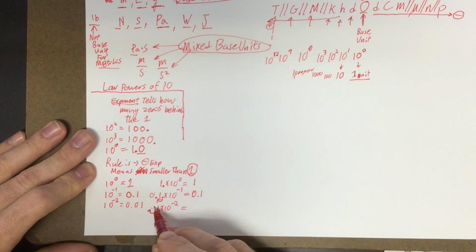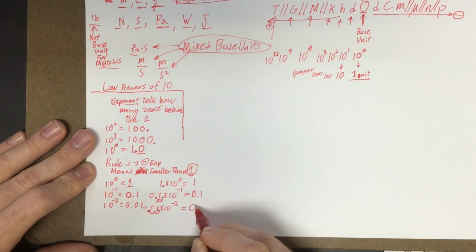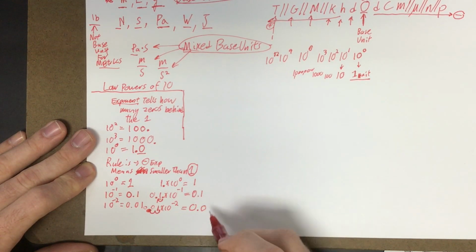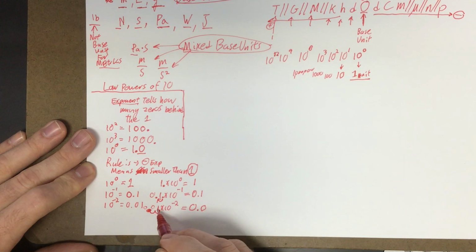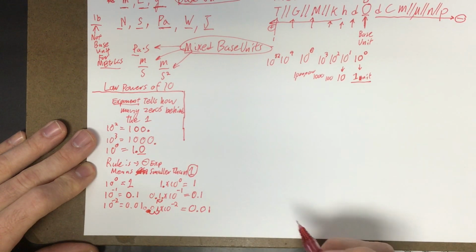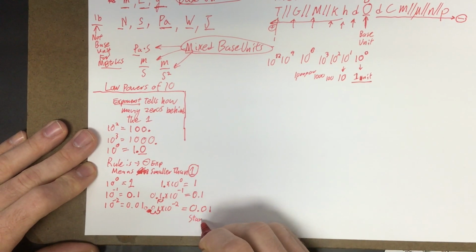So now I fill in my zeros to make it from scientific notation into my normal form, and then remember this is where I put my decimal, so I've got to write what I have right there as my new form. Okay, so this is standard form.